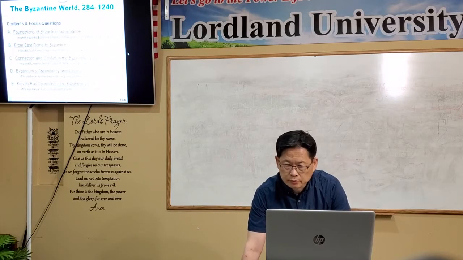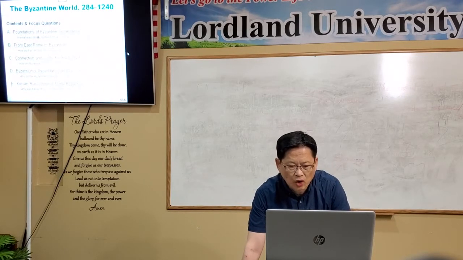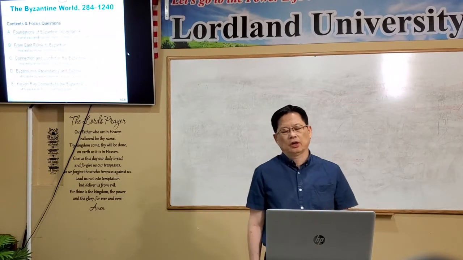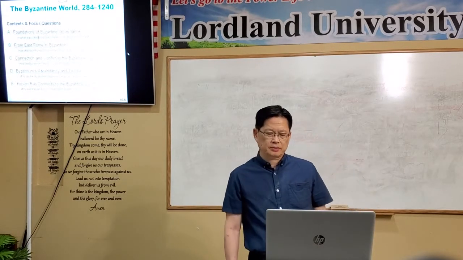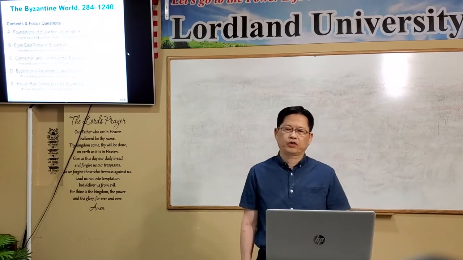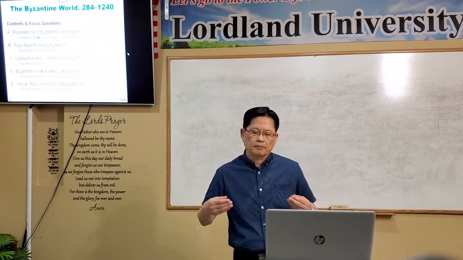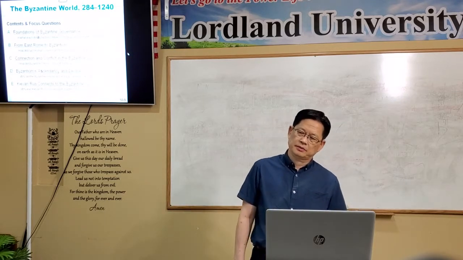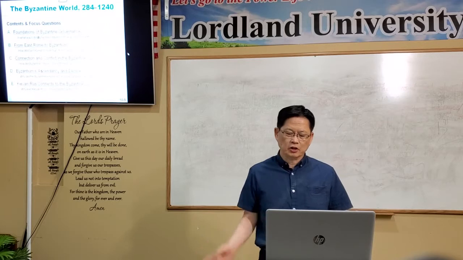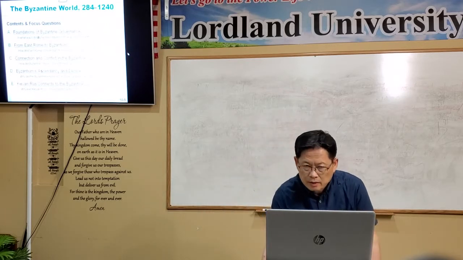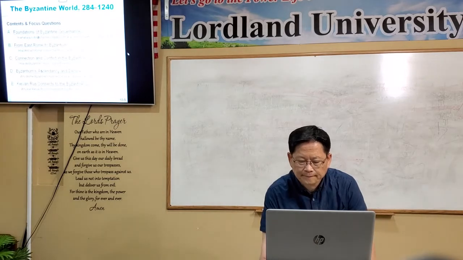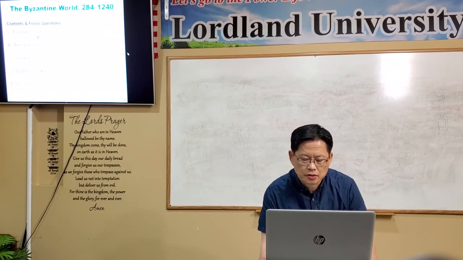Contents of the table. Section A, foundation of Byzantine governance. Section B, from the Eastern Roman Empire to the Byzantine Empire. Section C, the connections and the conflict in the Byzantine world.